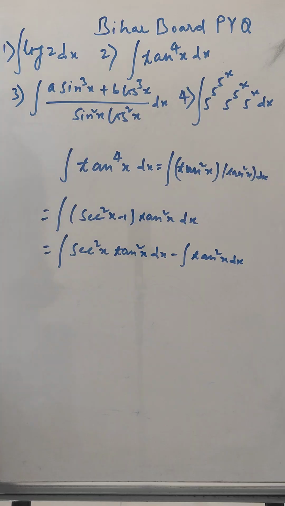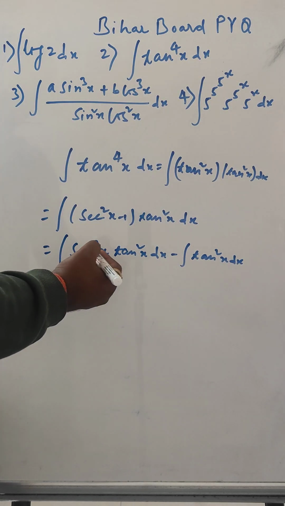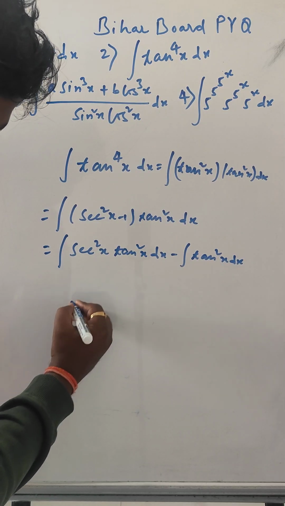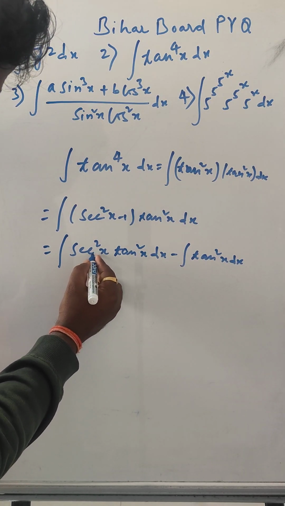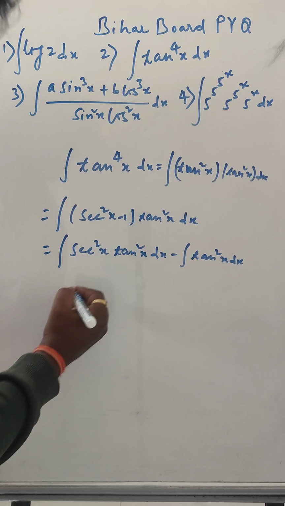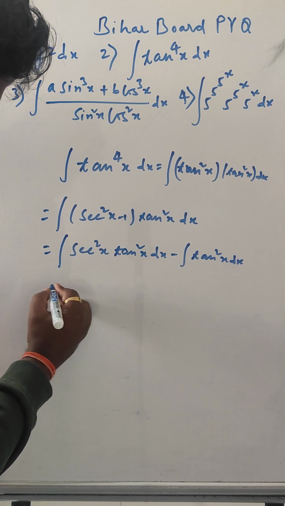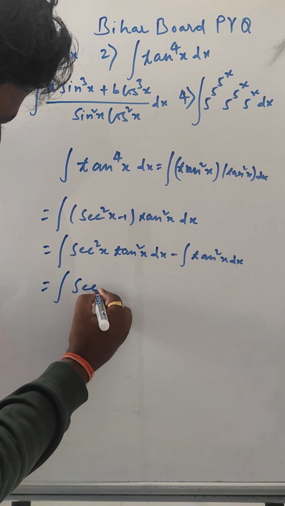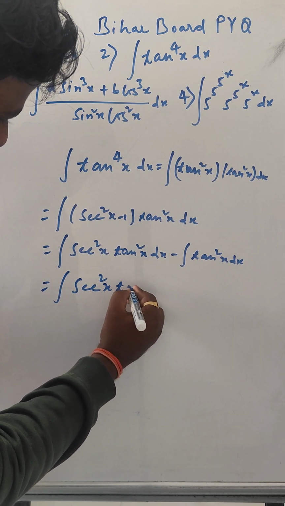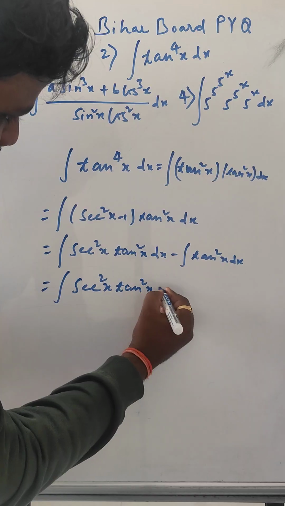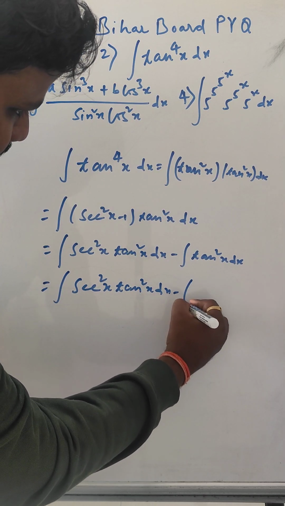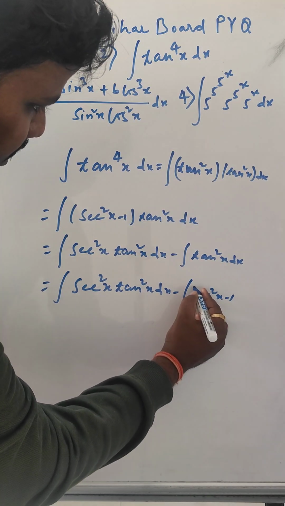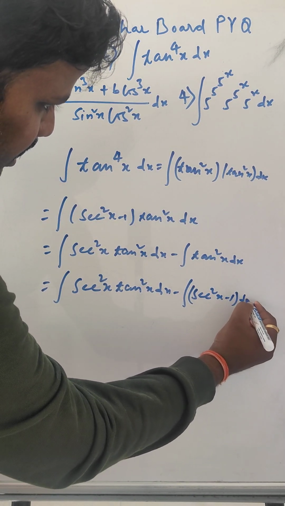Correct. If we let tan^2 x equal to t, we can do it in the next step like this also: sec^2 x tan^2 x dx minus, and tan^2 x can be written as sec^2 x minus 1, dx.